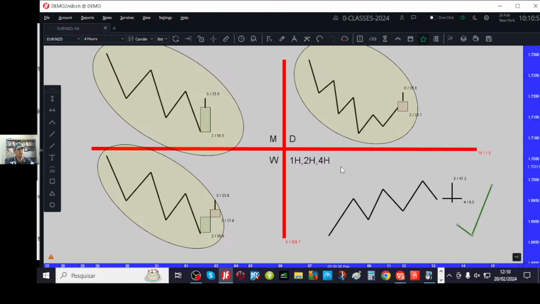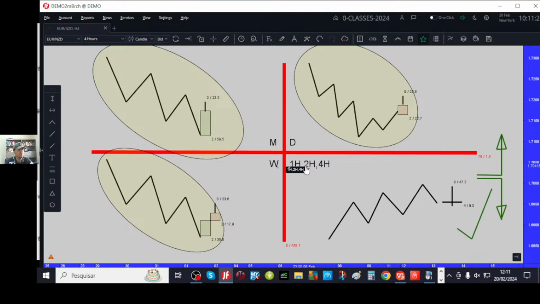So here is the question: how are you going to trade the 1 hour, 2 hour, 4 hour chart? Do you see the 1 hour, 2 hour as a buy and why? Or do you see the 1 hour, 2 hour, 4 hour chart as a sell and why? Hedge fund trader Melissa, hedge fund trader James, hedge fund trader Ali, what do you think?